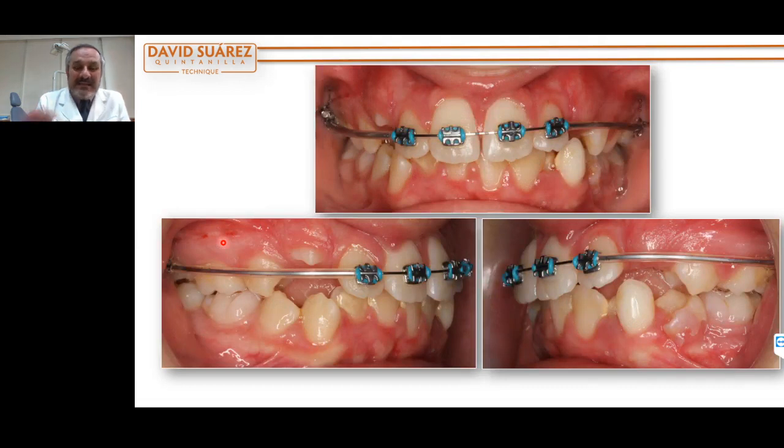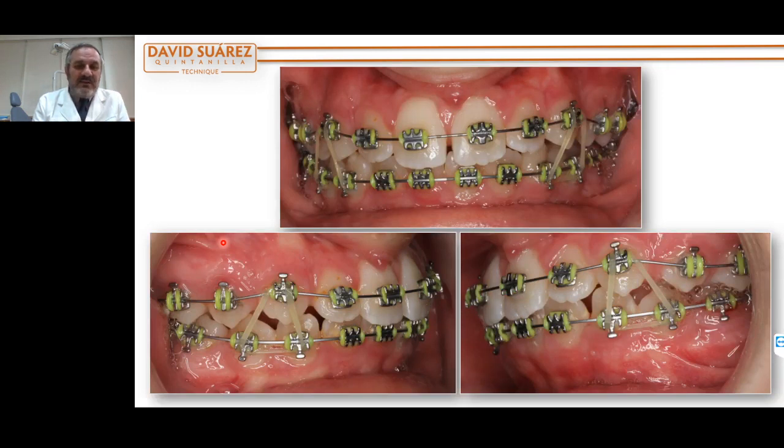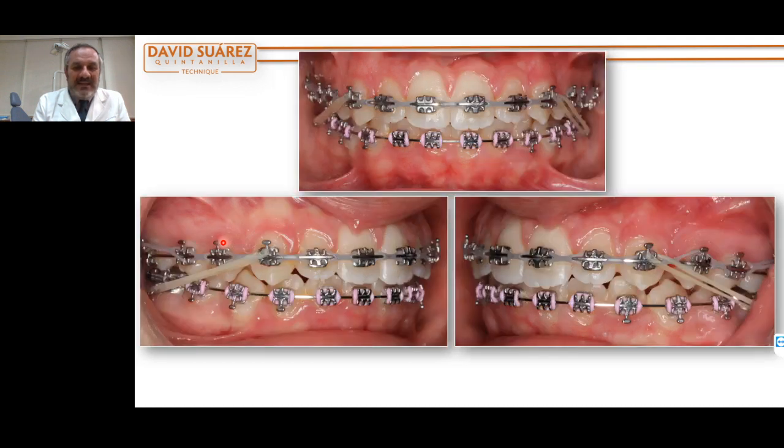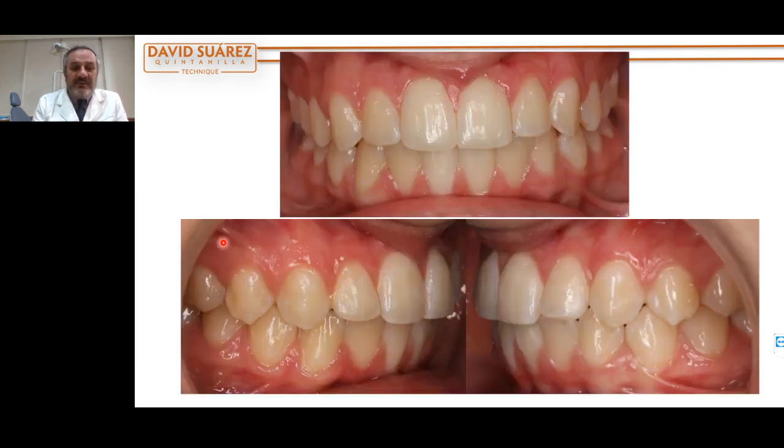In this case, it's very, very important to use light forces to avoid the protrusion of the incisor and to control the rotation of the upper incisor. We are using round superelastic wires, and we use the elastic to engage the upper and the lower. And now we are using stainless steel, very important, for the control of the torque of the patient at the end of the treatment.